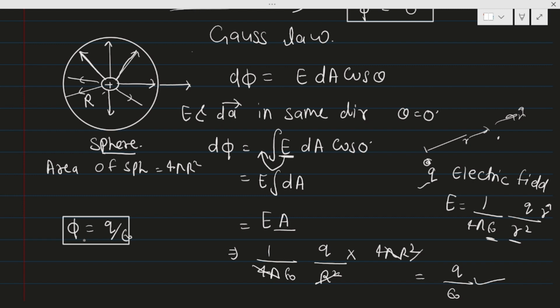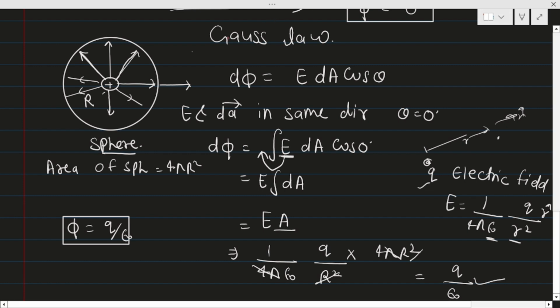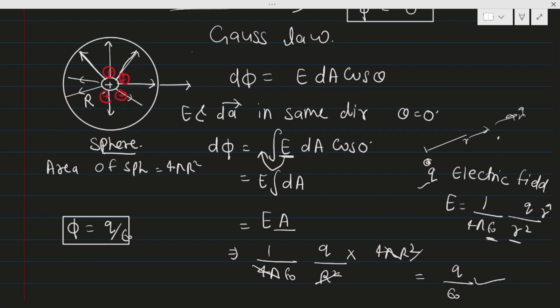So now the question arises, what if I put one charge here, and more charges, plus plus plus? What will be the situation then? We will call it the Q enclosed.